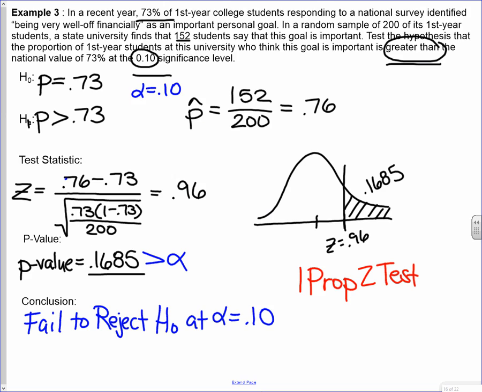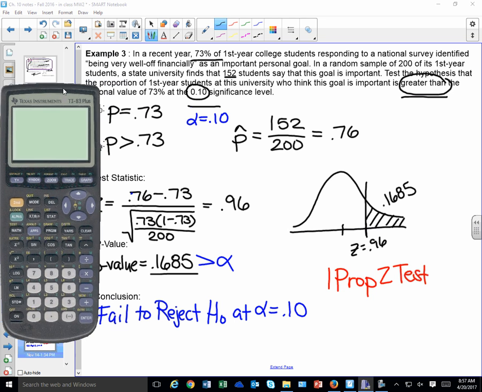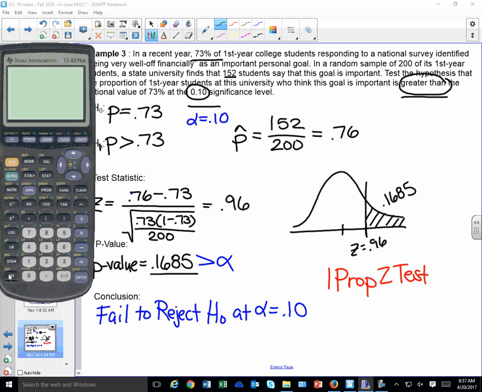All right, so how do we do this on our calculator? So on the calculator here, we're going to go to stat. Nope, we're going to go to second. Yes, we are. I'm sorry. Stat and tests, and go down to one proportion z-test. So right here, in chapter 9, we did intervals. So we did one proportion z interval.